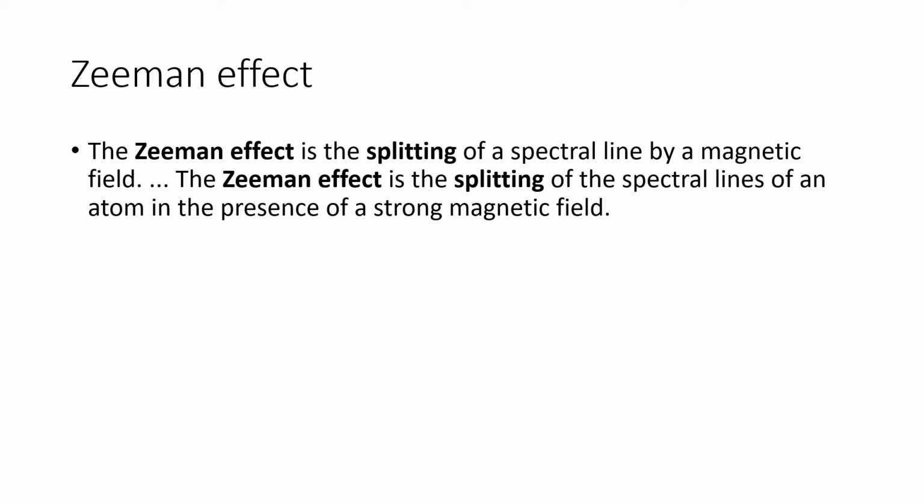This is a very interesting effect. Whenever we have spectral lines, we are studying the spectrum and apply a magnetic field, then the line will split. The splitting of spectral lines is called the Zeeman effect.